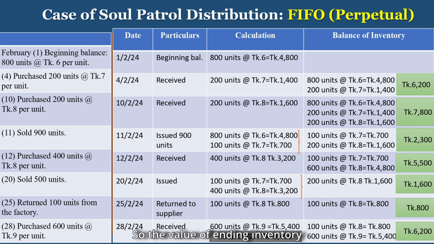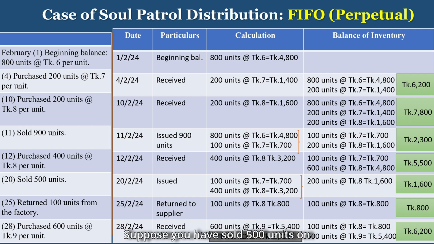So the ending inventory at the end of February 12 would be 100 units at taka 7, that means total 700 taka, and 600 units, because the price is the same, so we can add 200 units plus 400 units, total 600 units. So 600 units into 8, that means total 4,800. So the value of total 700 units ending inventory is taka 5,500.